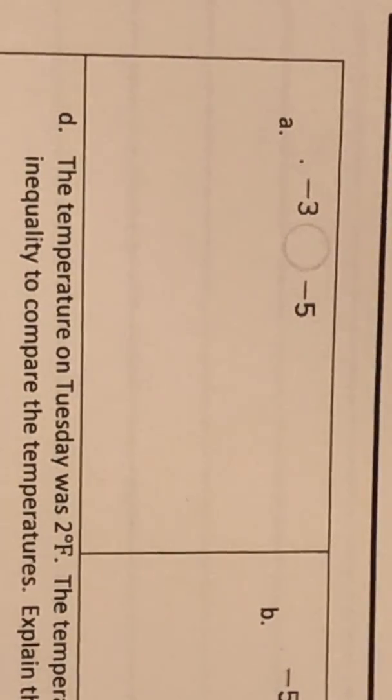So those are two things to kind of keep in mind with this lesson. All right, so there are a couple of try-it problems. So I want you to go ahead, pause the video, try out the try-it problems, and then when you're done, we will go over the answers together. All right, now that you've had a chance to look over the try-it problems, let's go over the answers together. So letter A says negative 3 and negative 5. So I want to compare these.